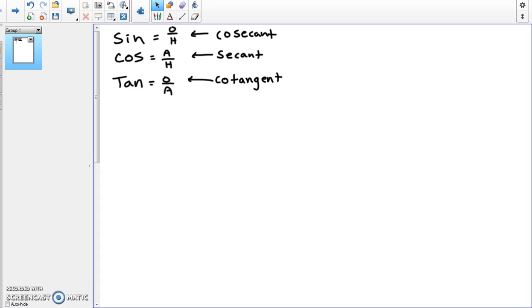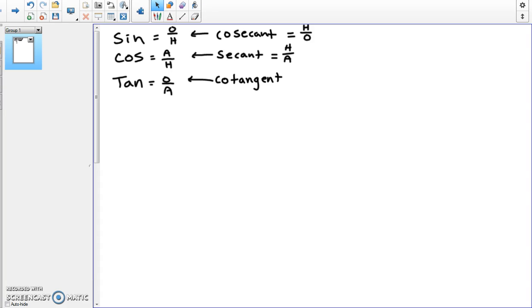Here's why I say they match up, though. In the same way that sine relates two sides being opposite in hypotenuse, cosecant relates two sides as well. It's just flipped. So it's hypotenuse over opposite. Secant is just your cosine relationship flipped upside down as well. So it's hypotenuse over adjacent.